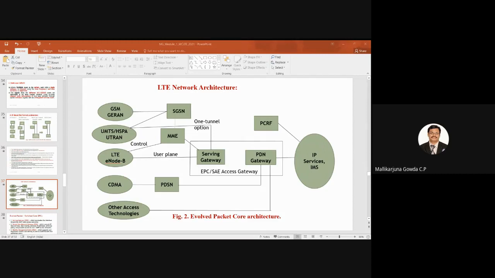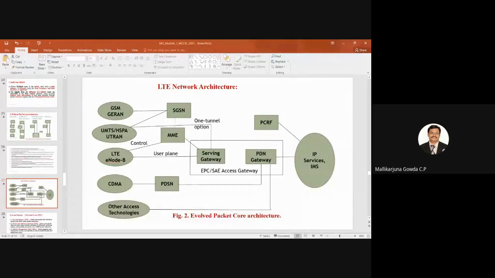I have shared one slide. Are you able to see the slide? Yes, sir. LTE network architecture. In this I have written the name of the network element. I asked you people to read one name.